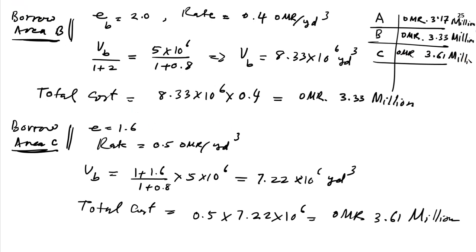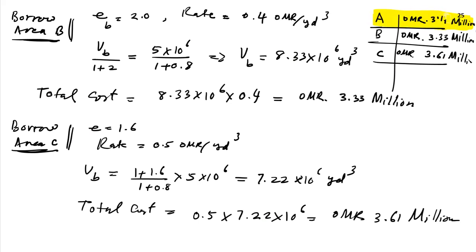If you look at the summary now, site A comes out to be most economical. Why? Because the total cost is less in this case. For site A, the total cost is going to be 3.17 million.